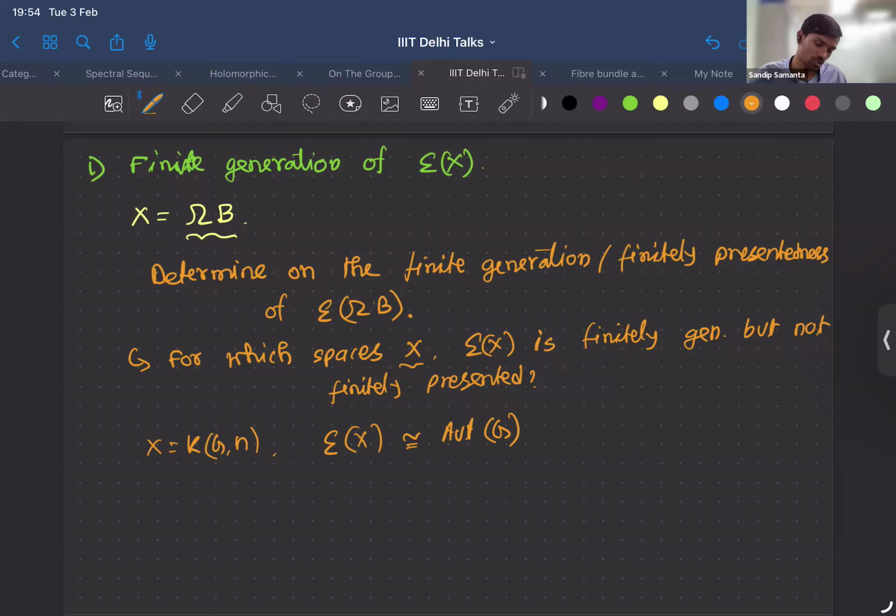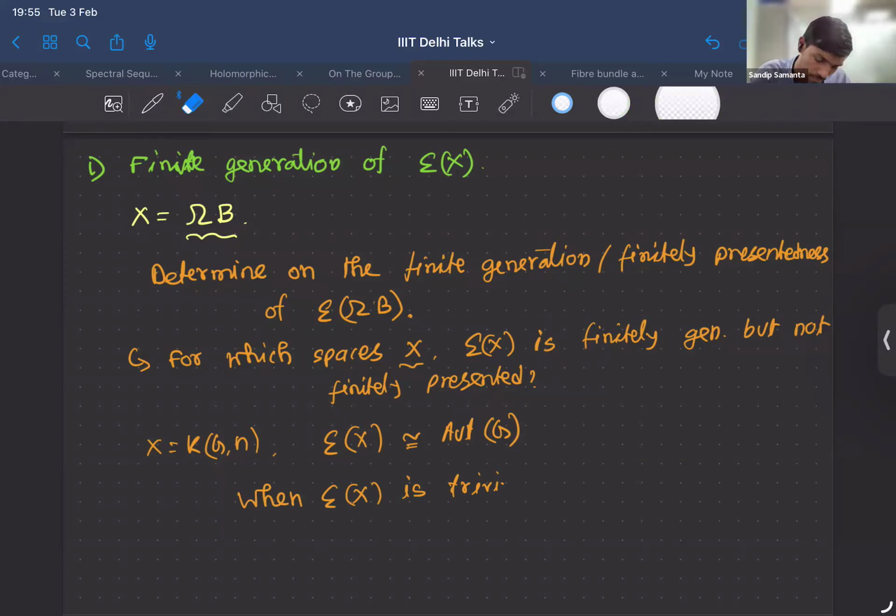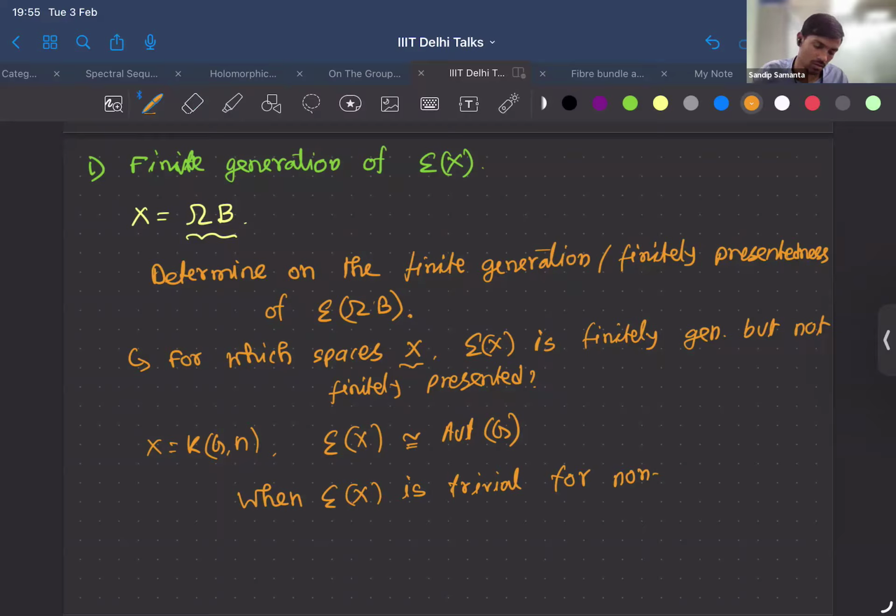So for these, many people have studied for which X, if I pick any group G, whether it can be realized as the self-homotopy equivalences of some space, or when this E(X) is trivial, when it is definitely non-trivial, like non-contractible.